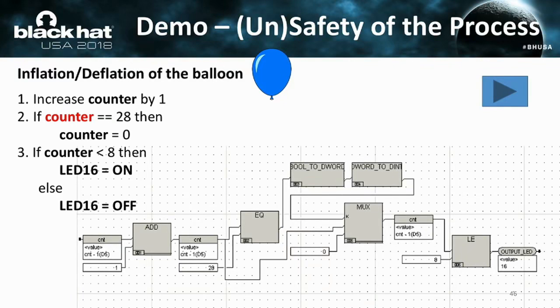The safe logic inside the controller is mainly created by a simple counter that has to check when you have to inflate the air inside the balloon and when you have to deflate. The safety value is when the counter reaches the value 28, the inflation phase ends and it starts the deflation phase.